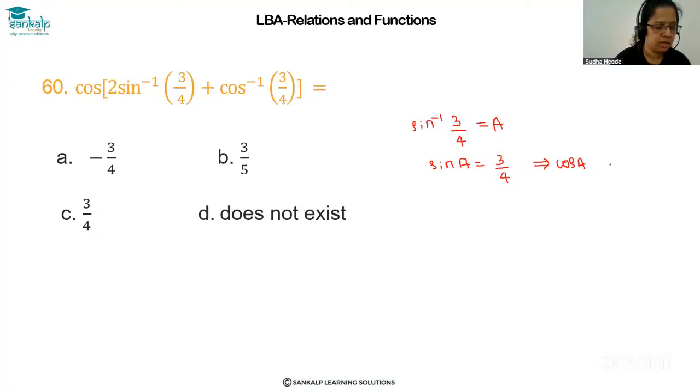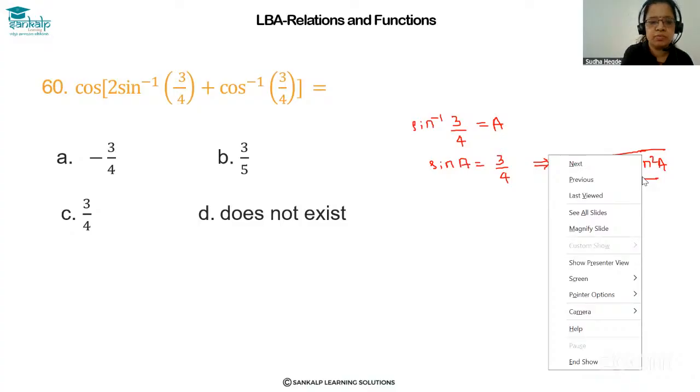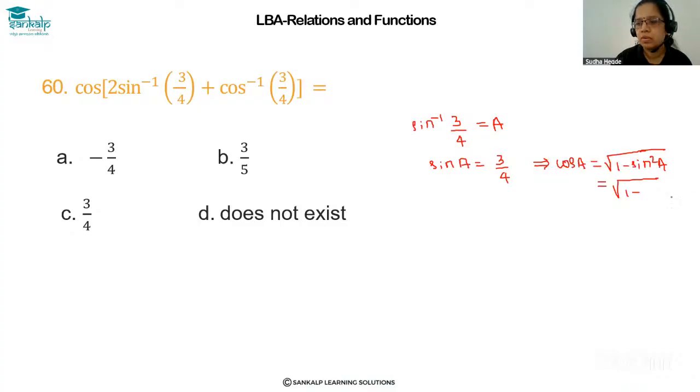So cos A is equal to square root of 1 minus sin square A. That is square root of 1 minus 9 by 16.